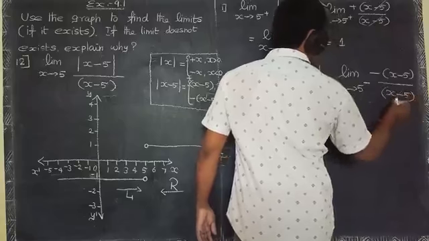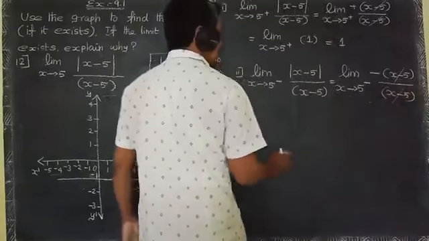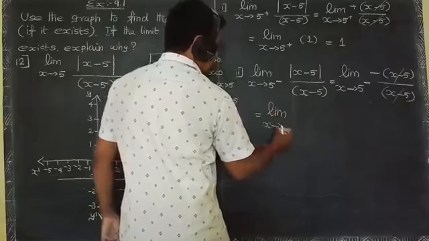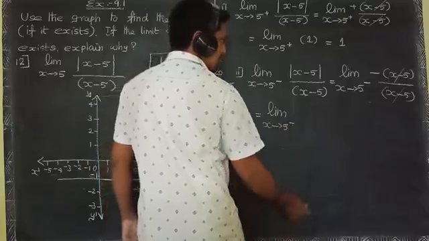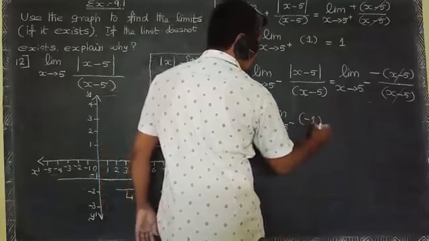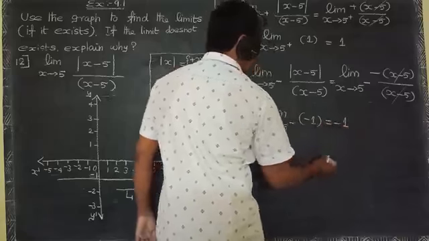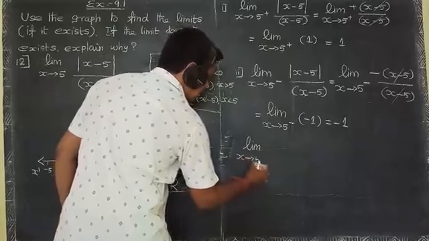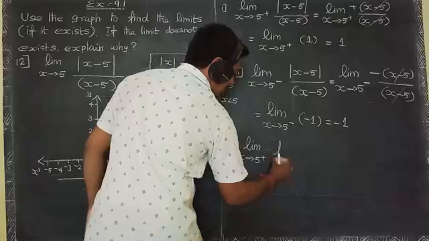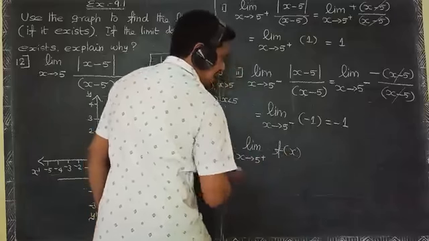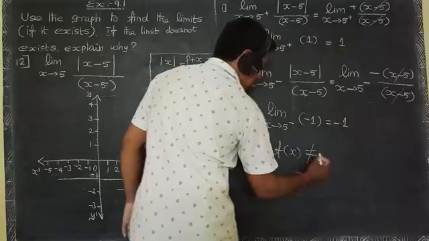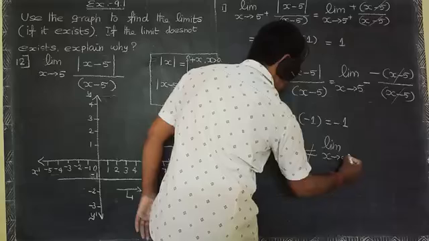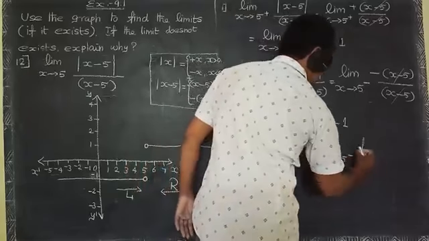Here x minus 5 cancels, and finally we get limit x approaches 5 minus of 1, which is equal to minus 1. Here limit x approaches 5 plus f of x, the given function, is not equal to limit x approaches 5 minus f of x.